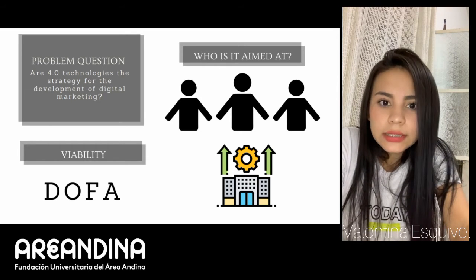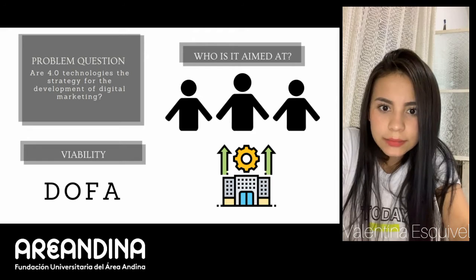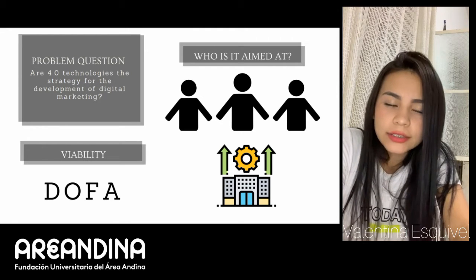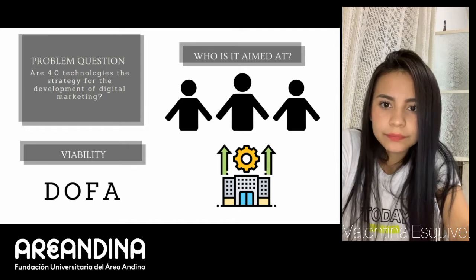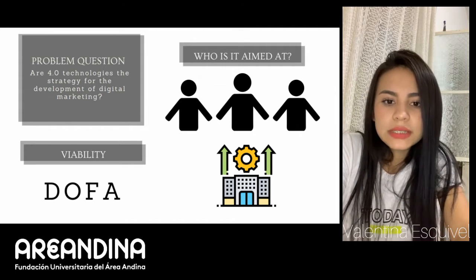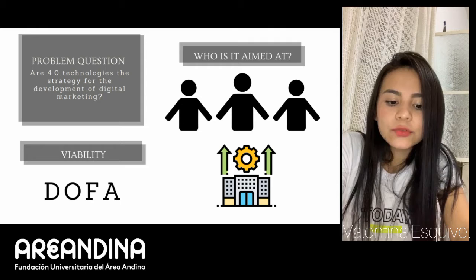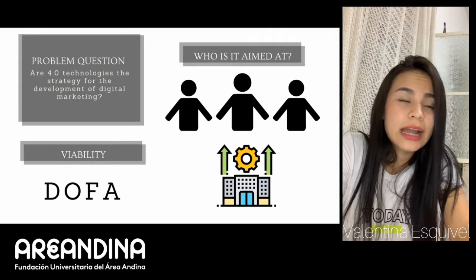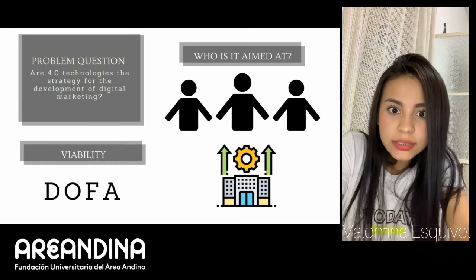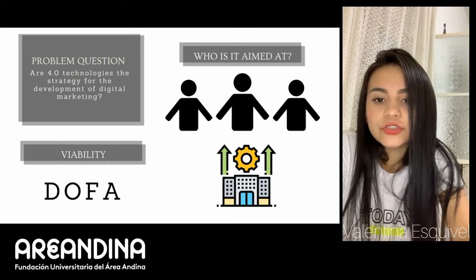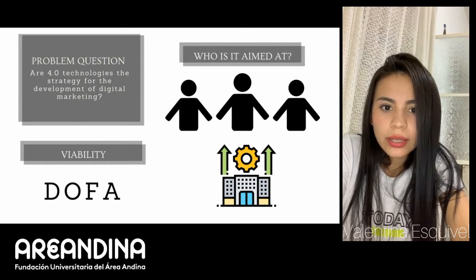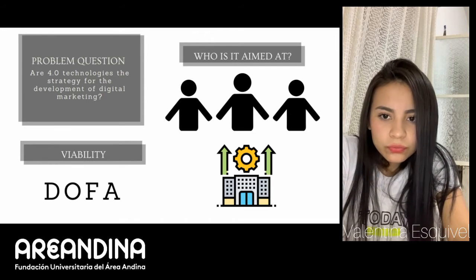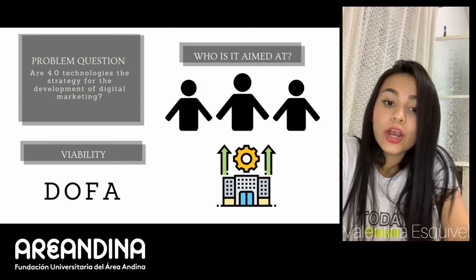And weaknesses: number one, difficulty of access for the elderly. And two, business competence, as we found several companies that can do the same. And three, high costs. And four, lack of knowledge of the companies.